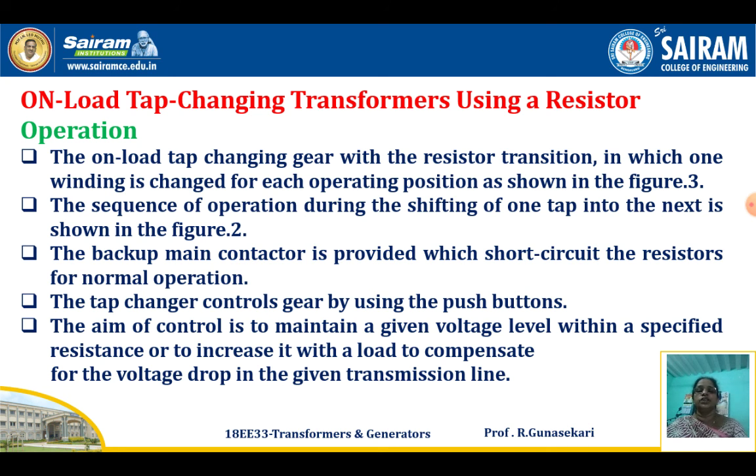The tap changer gear is controlled using push buttons. The aim of this control is to maintain the given voltage level within a specified range, or to raise the voltage with load to compensate for the voltage drop in the transmission line.